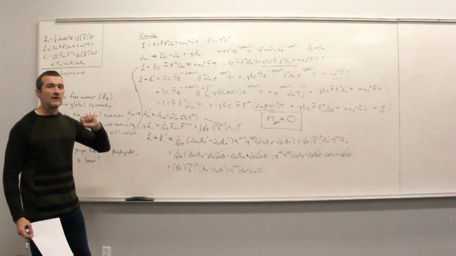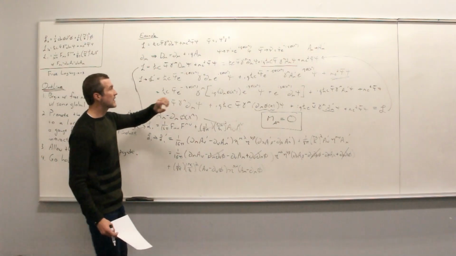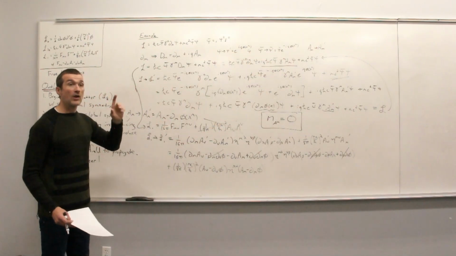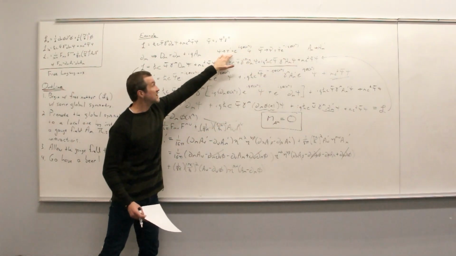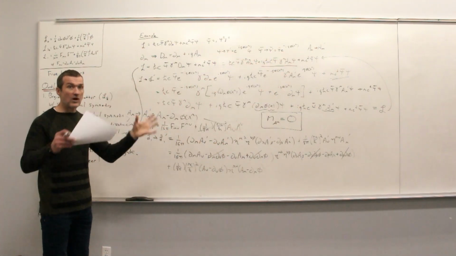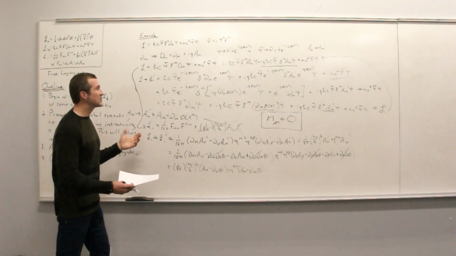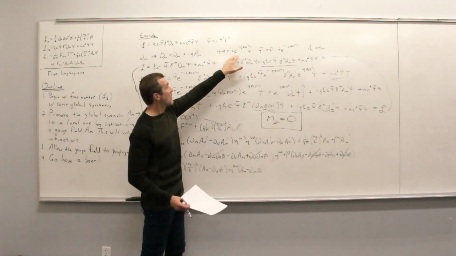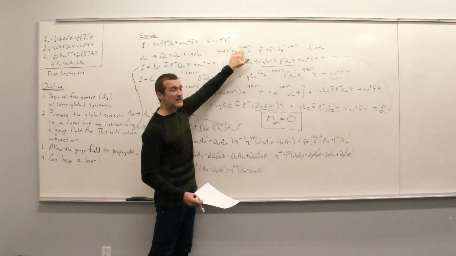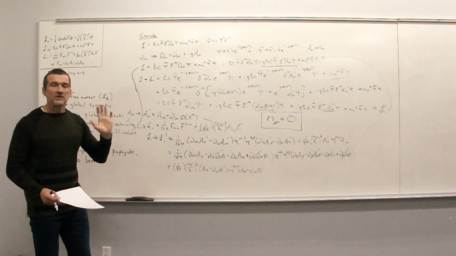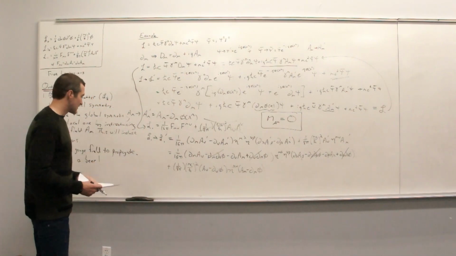We have an action which is invariant under these transformations and this transformation, all at once. If I'm doing these transformations, I have to do these transformations and I have to do this transformation. These are all a single transformation. They just transform in different representations. This is what we often call the vector transformation because it's a matrix acting on an object. This is what we call the adjoint representation. Don't worry about that.